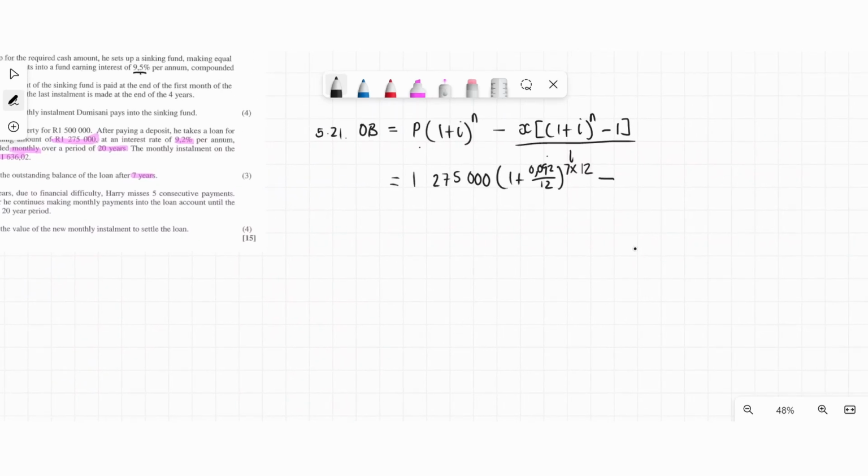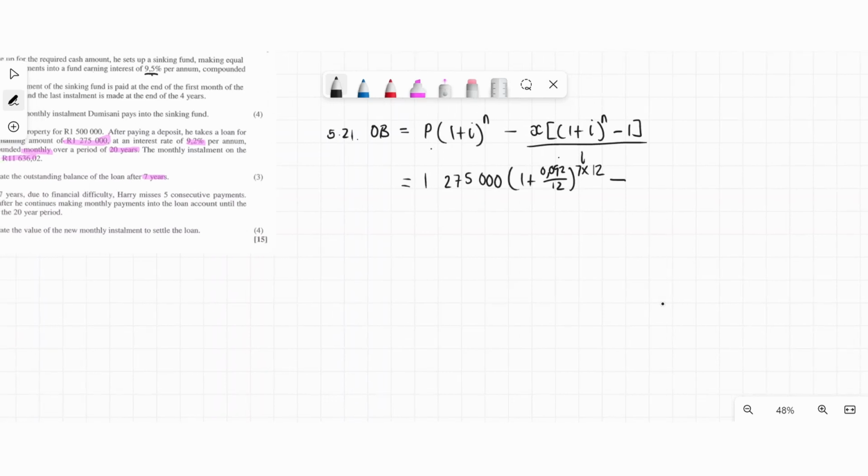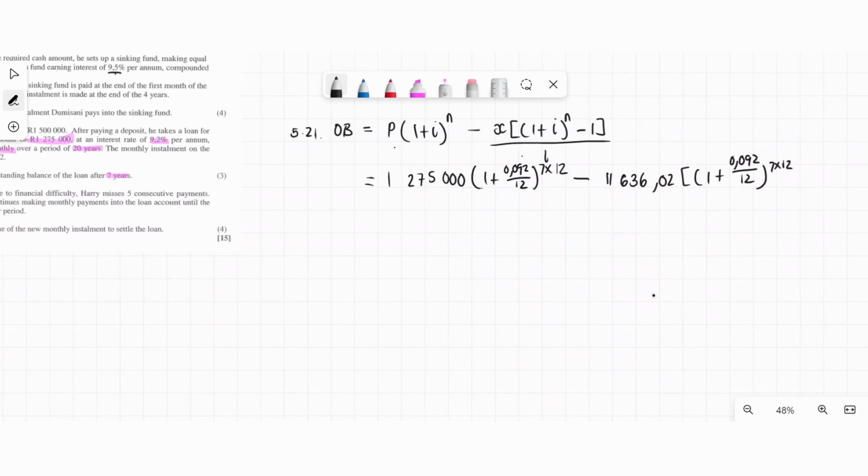Then this is going to be minus our monthly installment. They told us that it's going to be 11,636.02. Open bracket. This is going to be 1 plus the same interest rate to the power 7 multiplied by 12, same years, but minus 1.